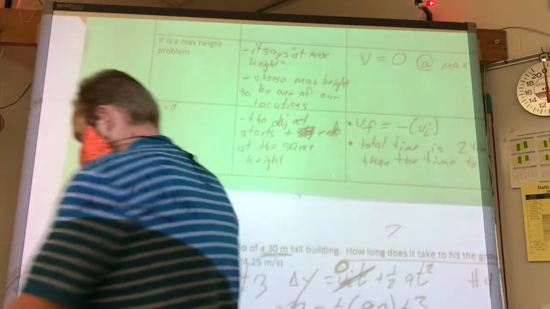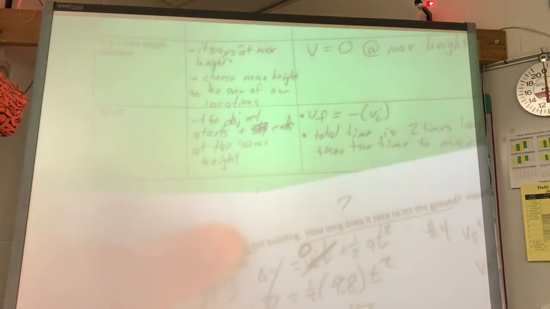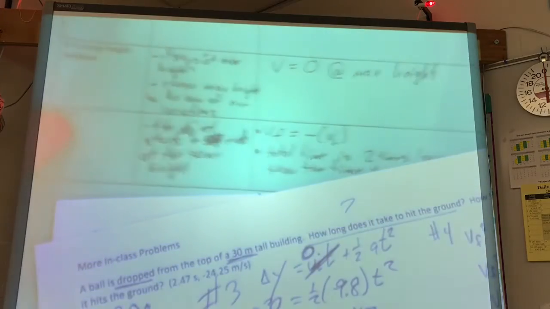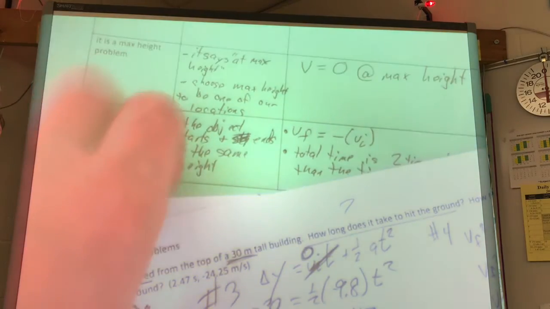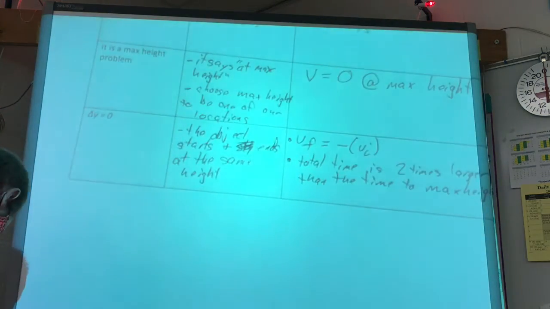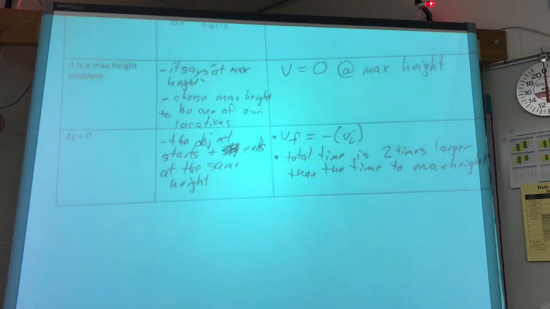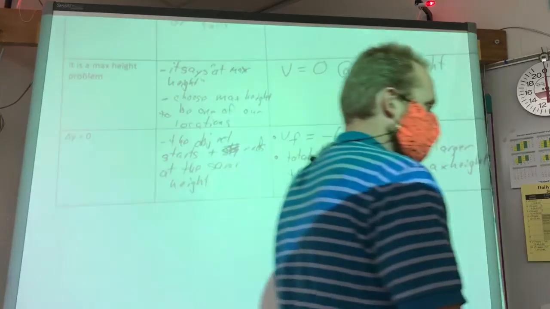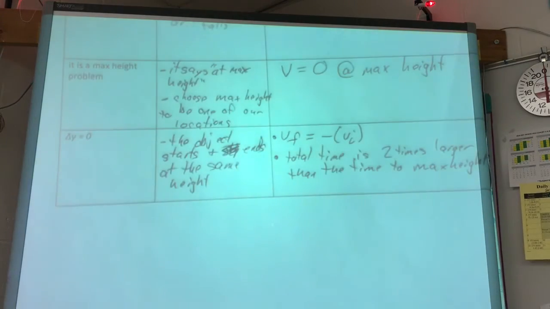And for these types of problems, there's kind of 2 little things that we can pull from it, or I guess we should start with, how do we know if it's a delta y is equal to 0 problem. And the way we know it's a delta y is equal to 0 problem is the object starts and ends at the same height.